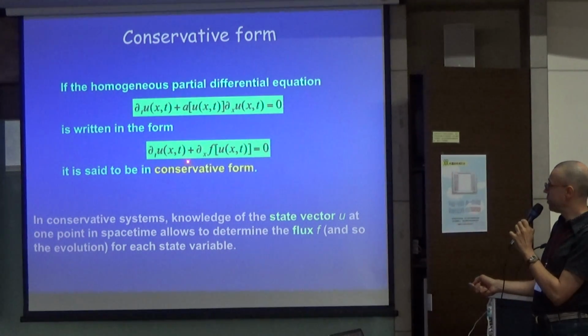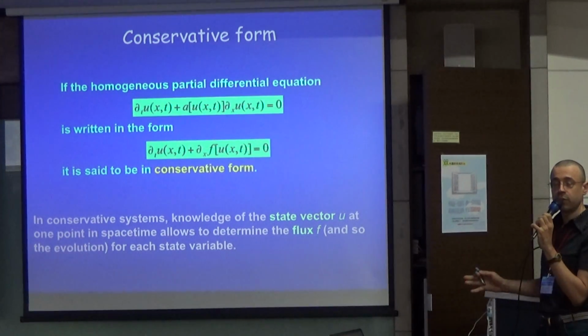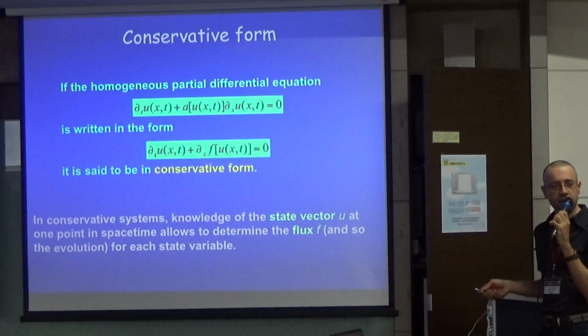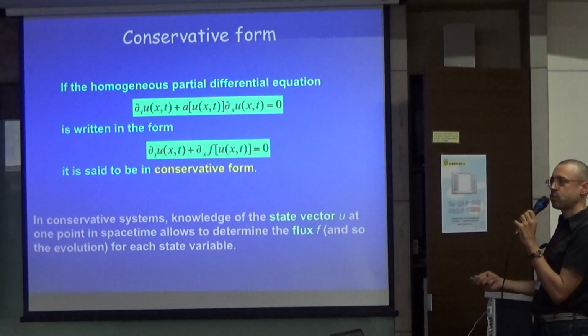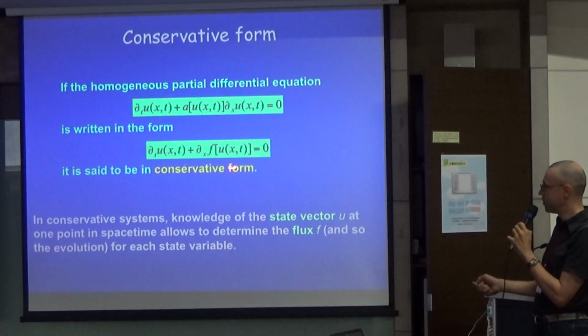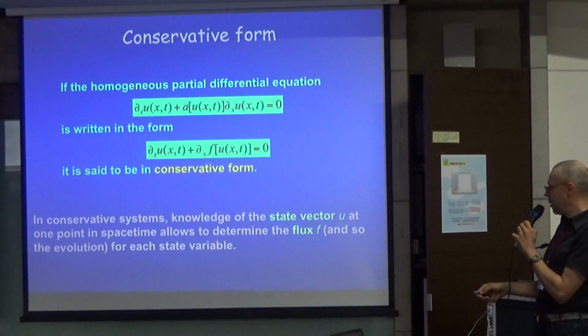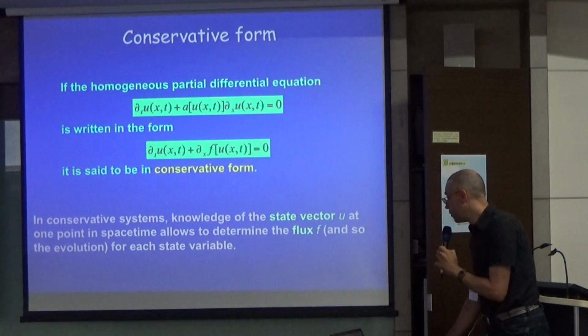Why do we say that? Because the update of the variables u depends only on the fluxes, on how the flux function f changes in space. So it conserves mass, for example. And so by extension, this form of the equation is called the conservative form.